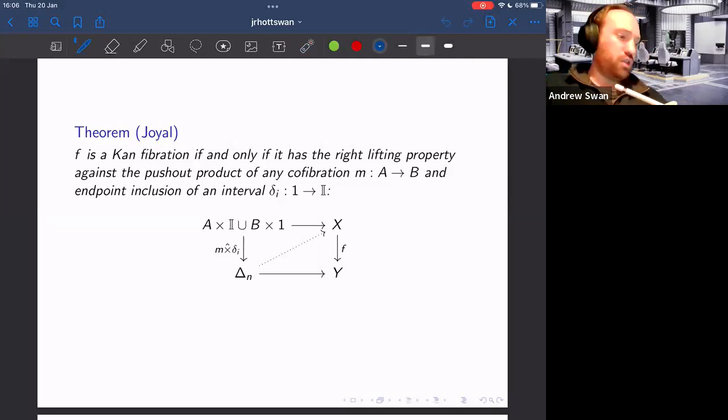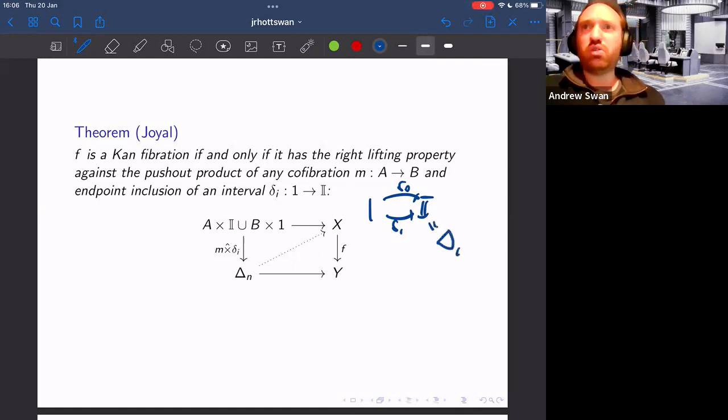So an interval object is just an object I, and then a pair of maps from the terminal object into the underlying object of the interval. And in simplicial sets, we just take this to be a representable. So we just call this delta 1. It's a representable in simplicial sets, and we use this as an interval object.